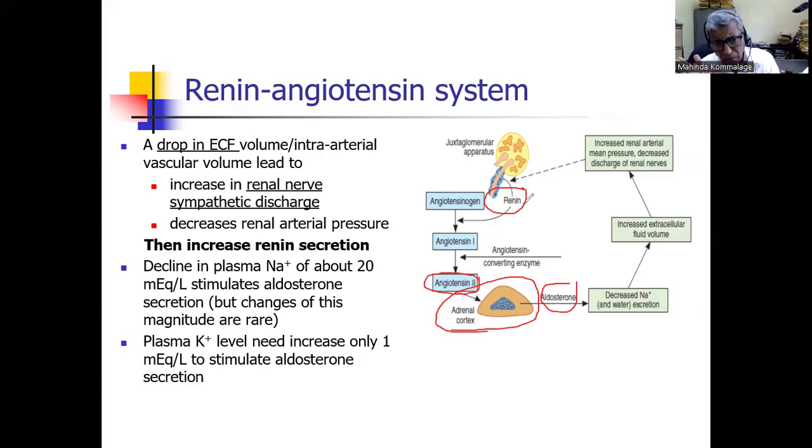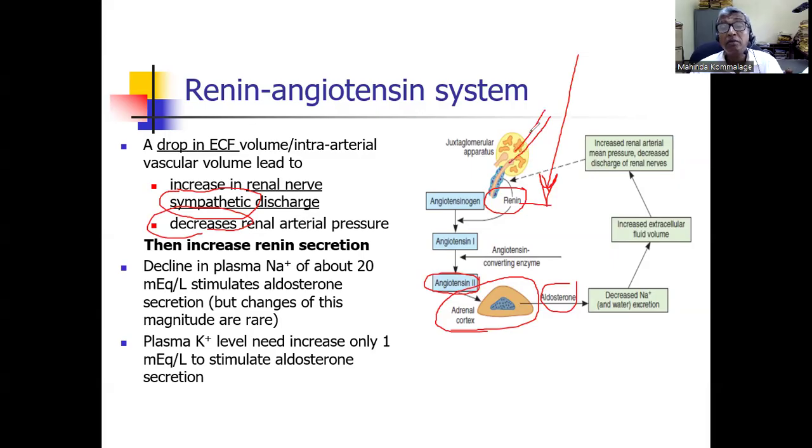So this renin secretion is stimulated by sympathetic discharge to the kidney. You know, sympathetic and parasympathetic nerves come to many organs, right? With renal sympathetic discharge, renin secretion will increase. In addition to that, decreased renal arterial pressure, that means the blood pressure coming to the kidney.